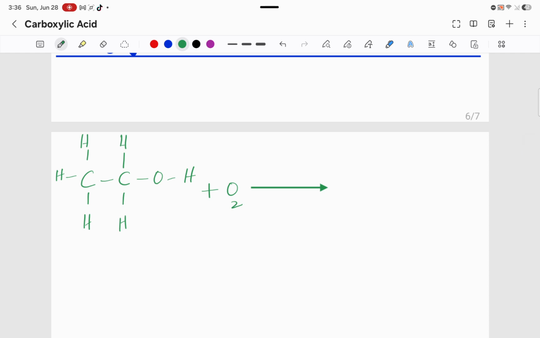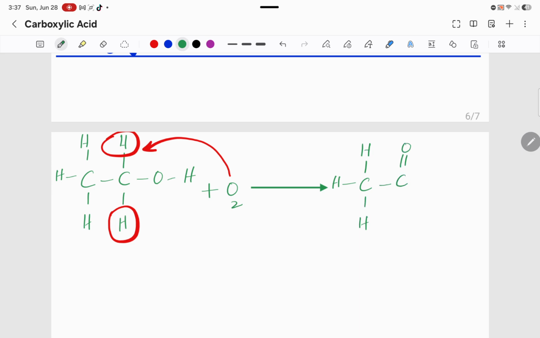What will happen? This hydrogen and this hydrogen are being removed, and one oxygen will move here. So resultantly we would have CH, H will remain the same.